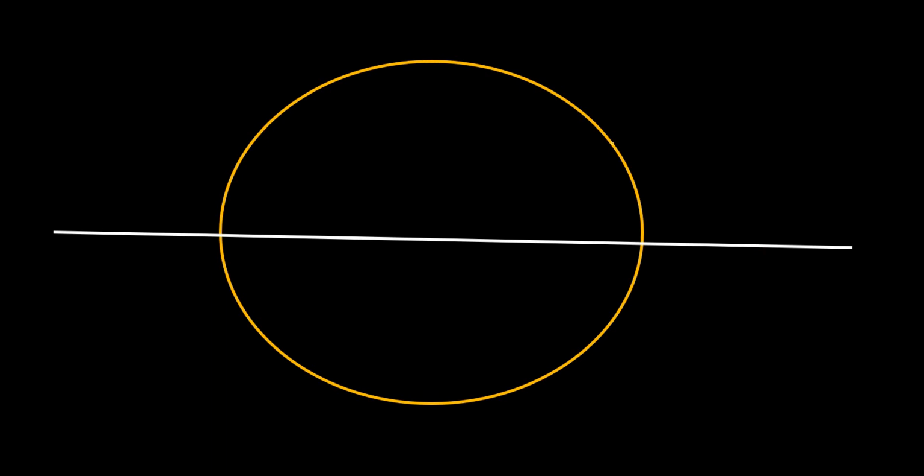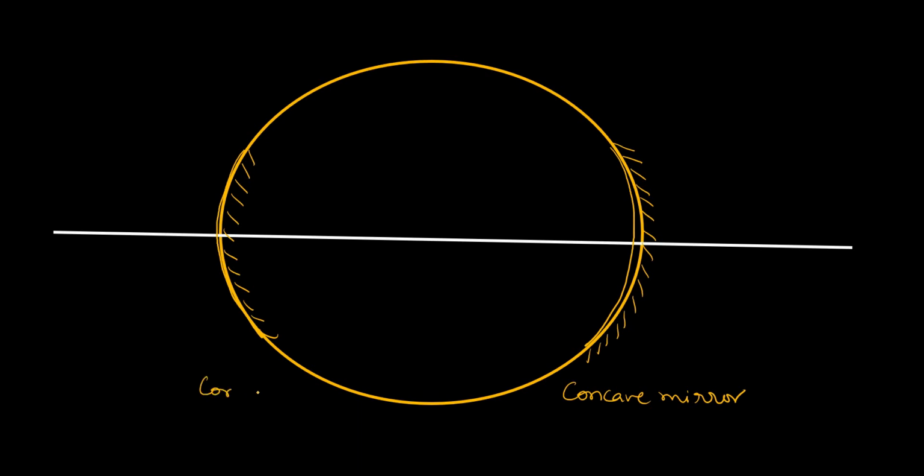For a hollow sphere, if the outside part is painted and the inside part is the reflecting surface, then such a mirror is known as a concave mirror. And if the hollow sphere's inside part is painted and the outside part is the reflecting surface, such a mirror is known as a convex mirror.